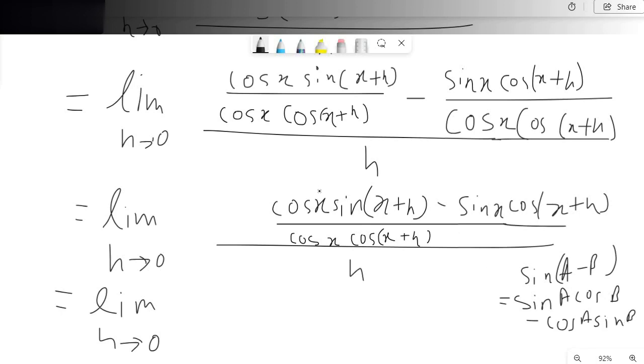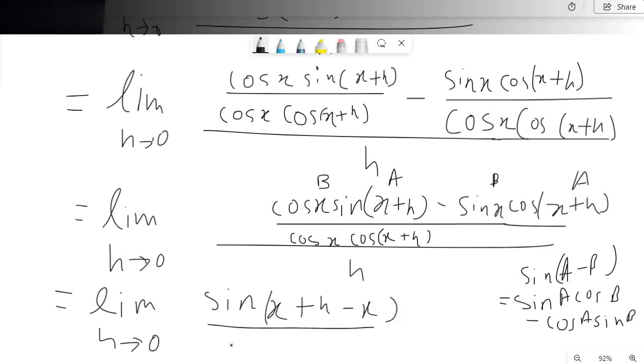So assuming this is b and this is a, we also get the similar case for b and a. Therefore we can express this whole expression as sine a minus b, and so we get sine x plus h minus x, divided by cos x multiplied with cos x plus h and whole divided by h.